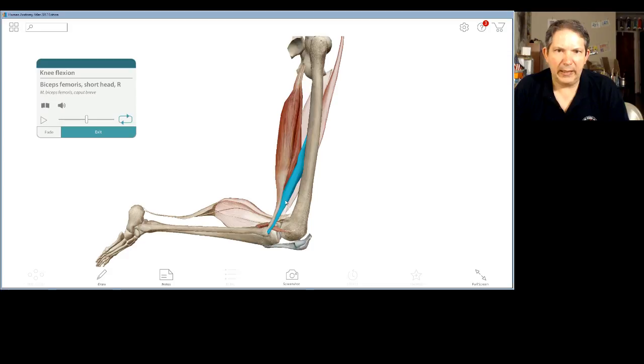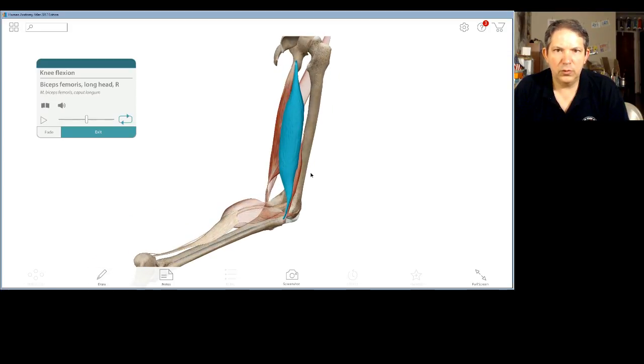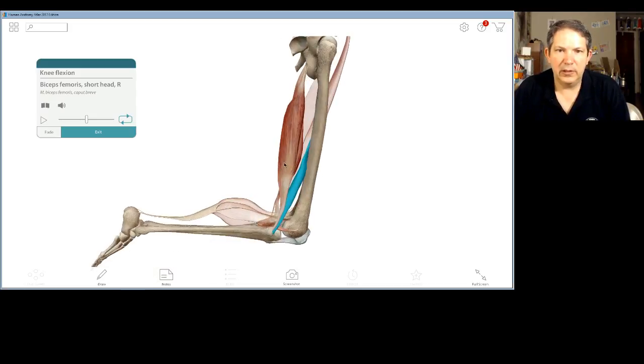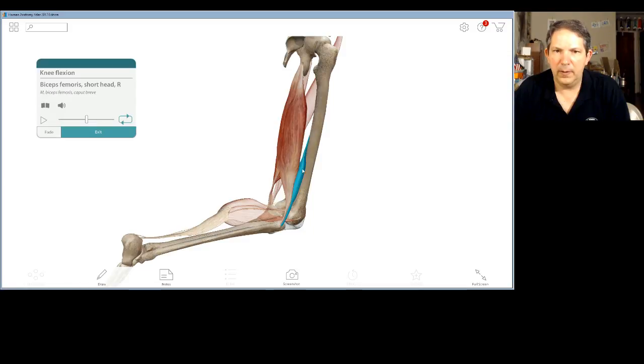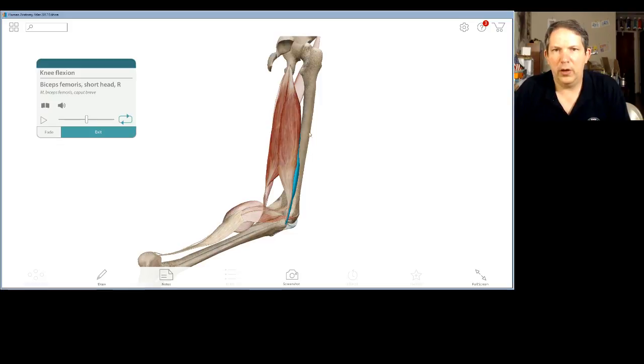Biceps means two heads. So just as there were two parts to the biceps brachii muscle and two tendons to it, it is true for the biceps femoris as well. So there is a long head and a short head. I was focusing on the long head because it originates at the ischial tuberosity. There is also this short head that just inserts onto a little bit of a crest on the femur.